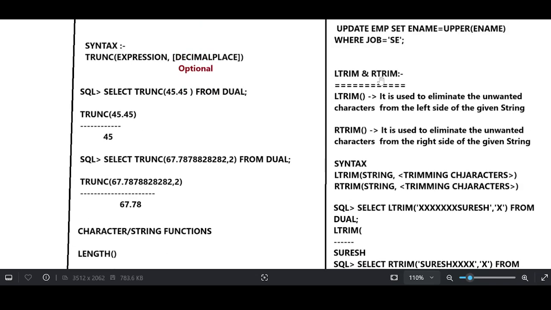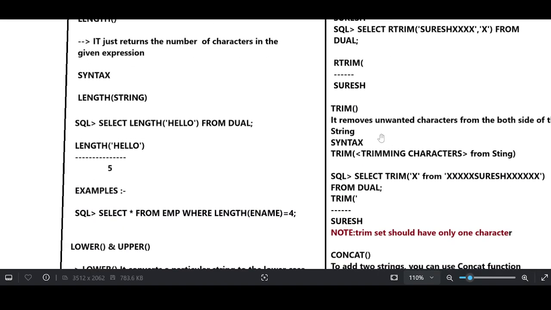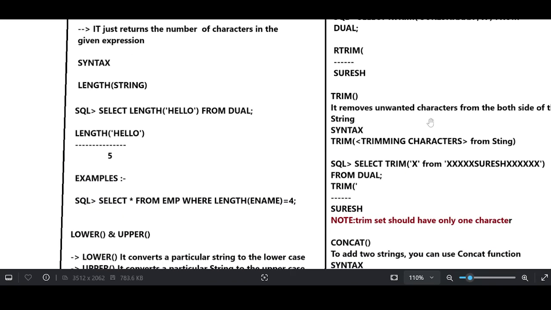We have the left trim and the right trim. Left trim eliminates the unwanted characters from the left side, and unwanted characters are eliminated from the right side with R trim. We also discussed trim, which removes unwanted characters from both sides of the string.